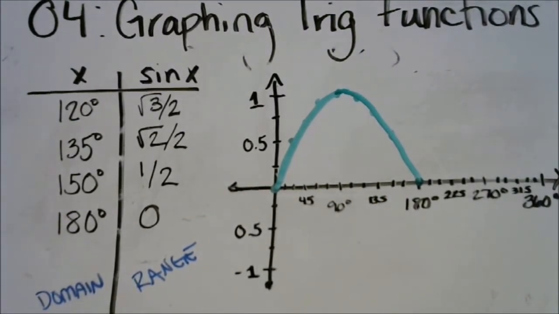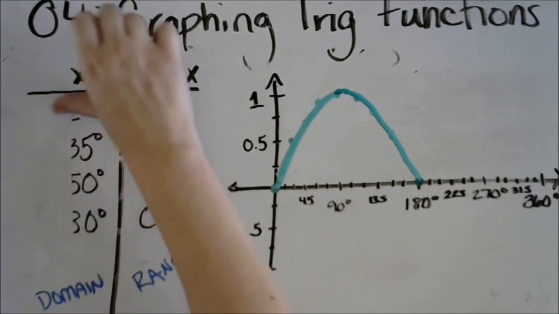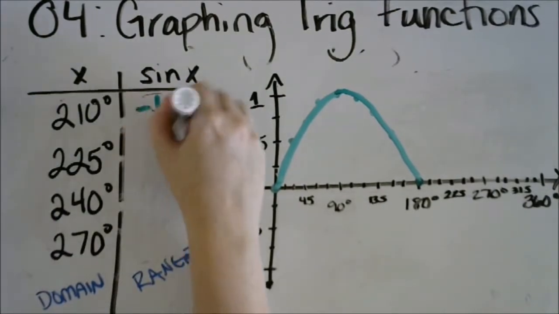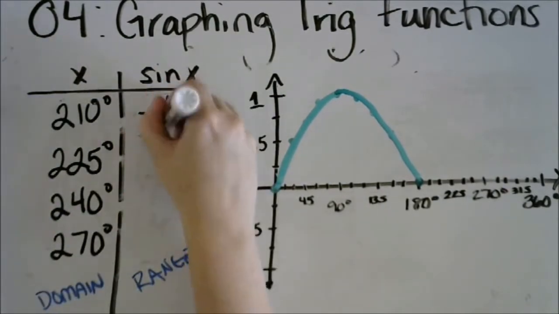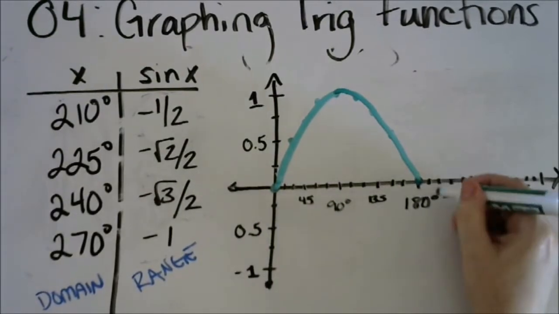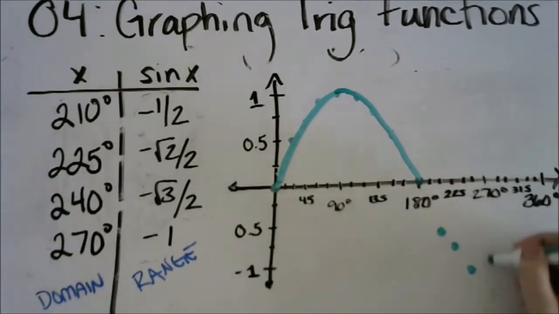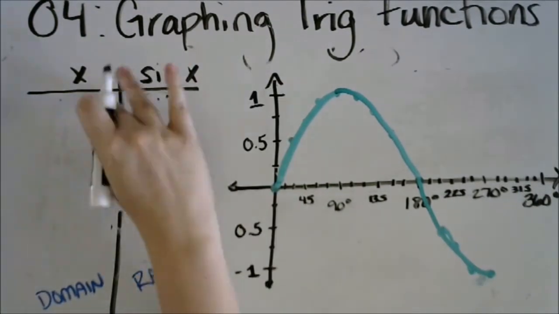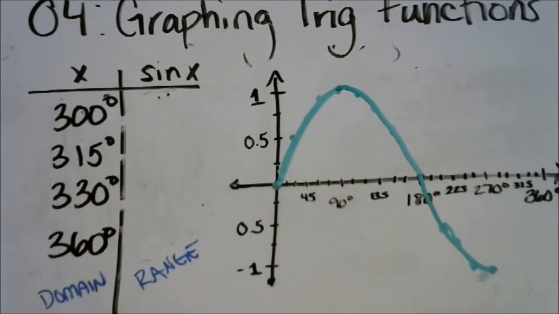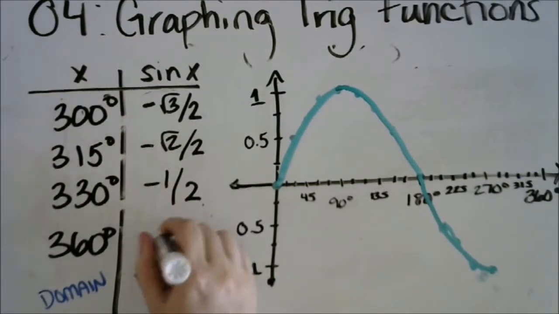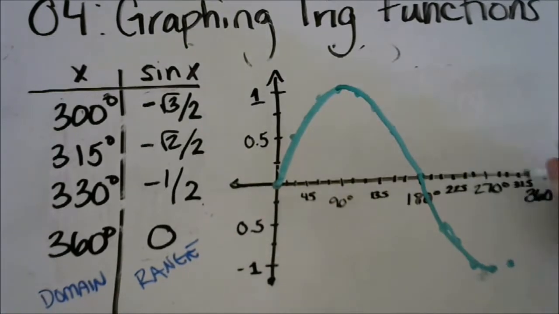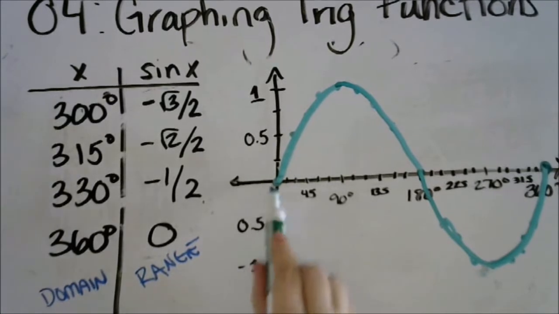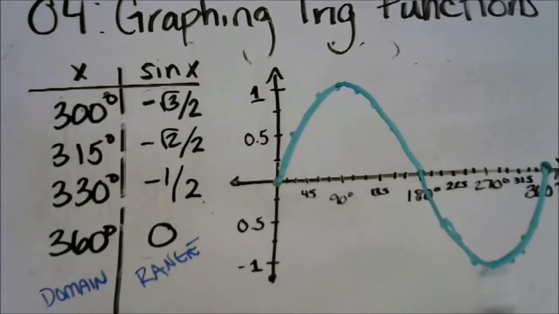Repeat this process for the remaining 2 quadrants. And here we've completed 1 full revolution of the sine curve.